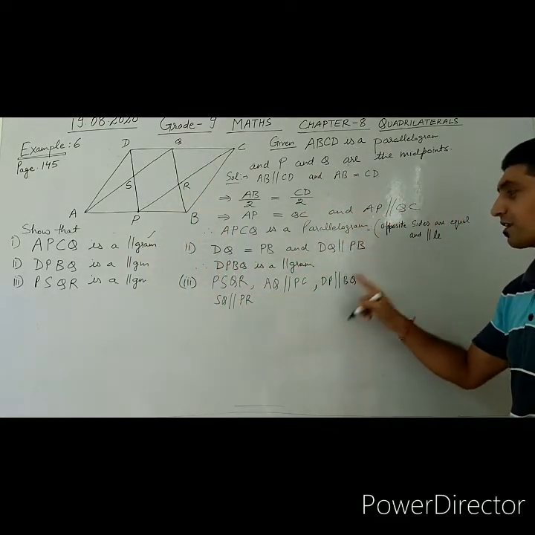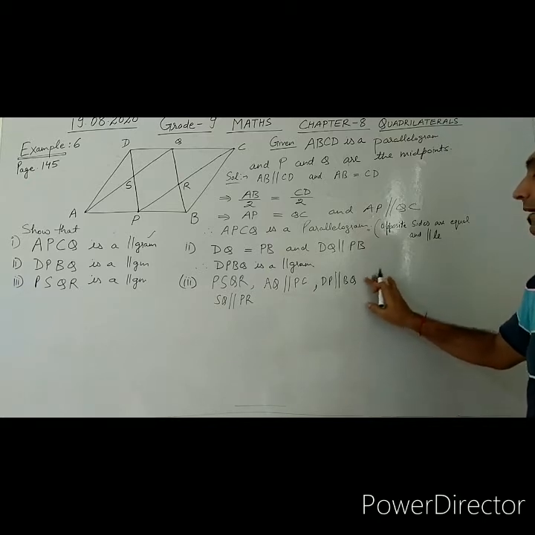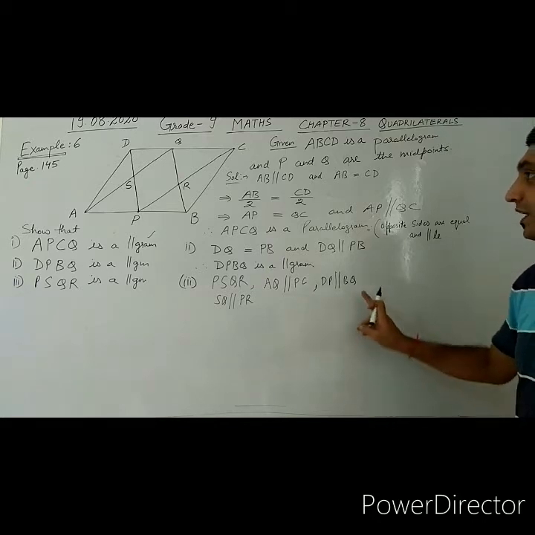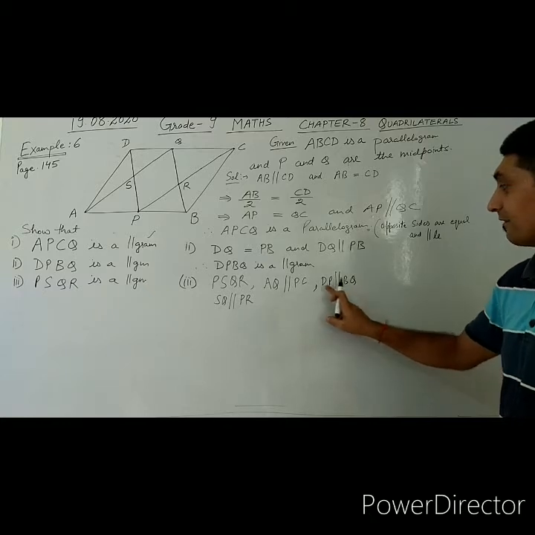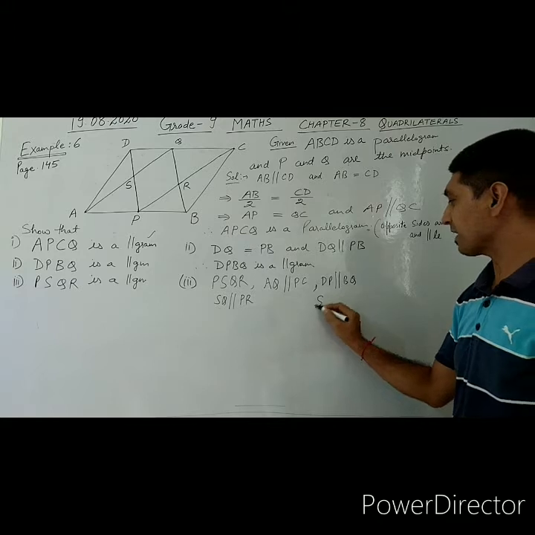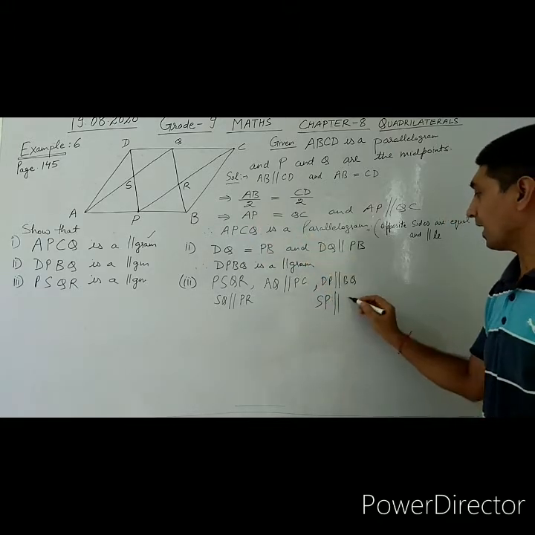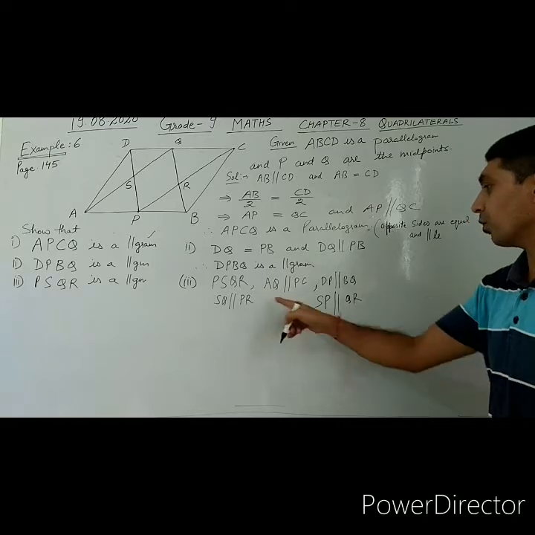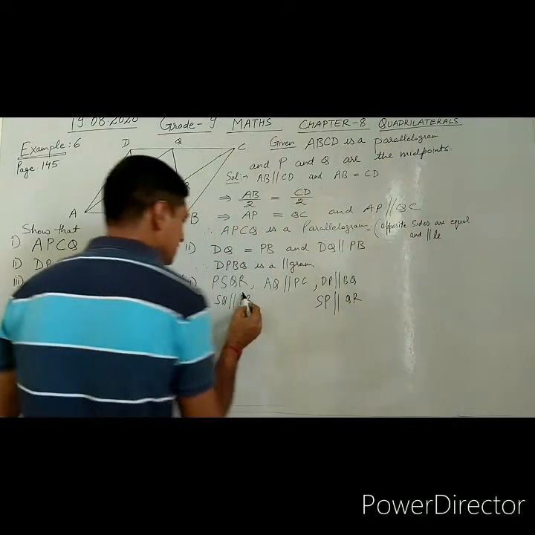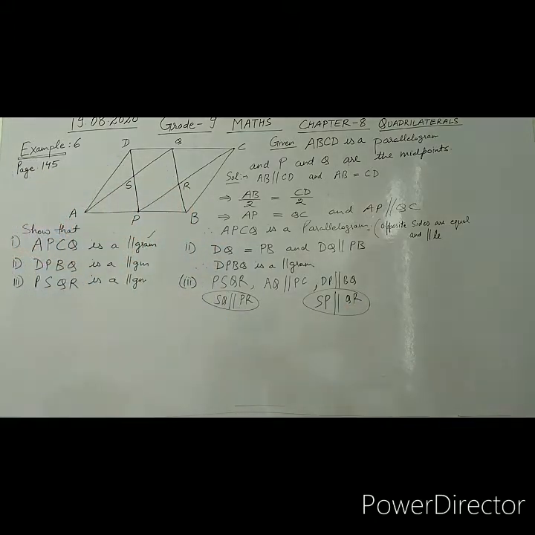So opposite sides of a parallelogram are always equal and parallel. So here we can write that SP is parallel to QR. So both pairs of opposite sides of the quadrilateral are parallel to each other, right?